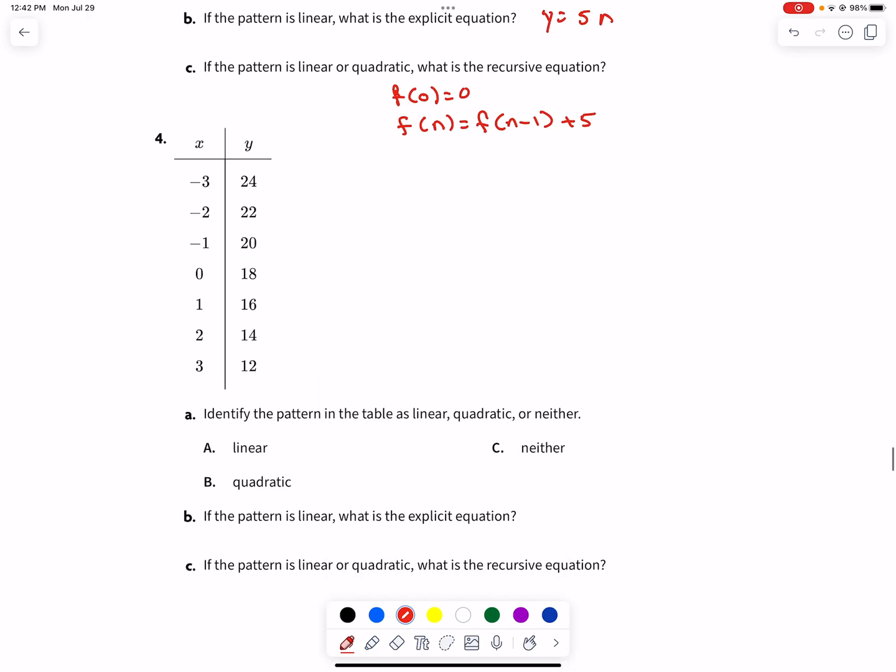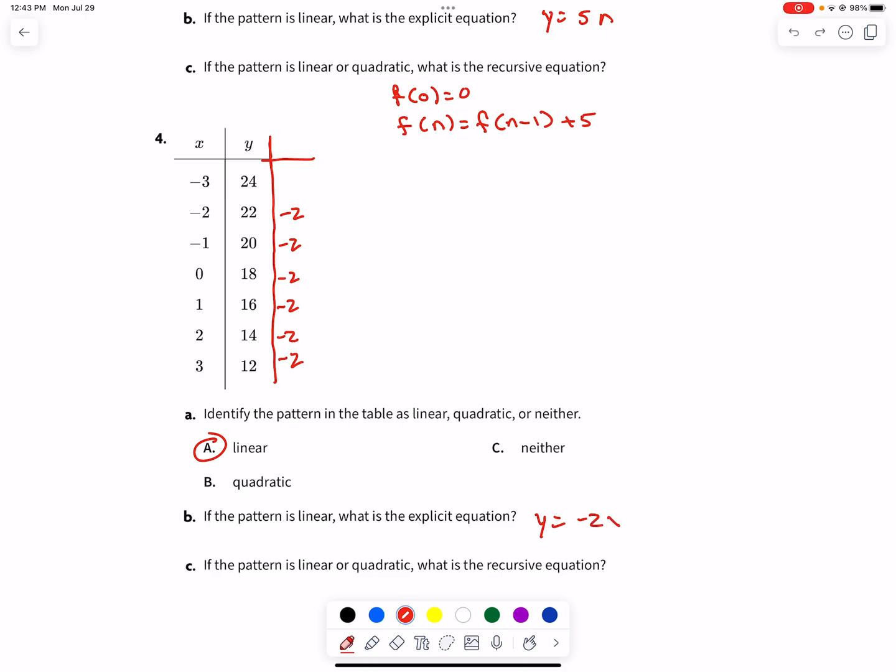All right, next, is this one another linear? Yes, it is. This is a difference of -2 each time. Again, I like to start from the end because I find it easier, especially if the beginning is negative numbers, it's easier to subtract positives. Okay, linear, slope is -2.